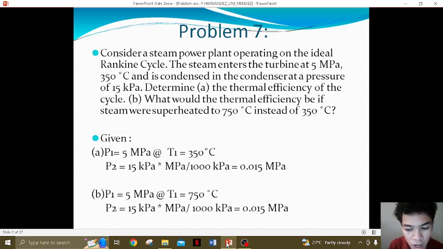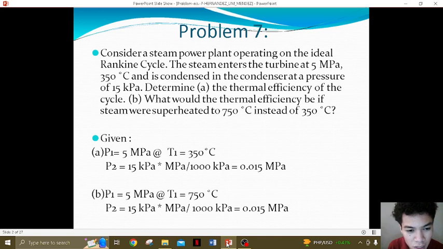In the given, P1 is equal to 5 megapascal at temperature 1 of 350 degrees Celsius. Then P2 is equal to 15 kilopascal, and converting with megapascal over 1000 kilopascal, it is 0.015 megapascal.